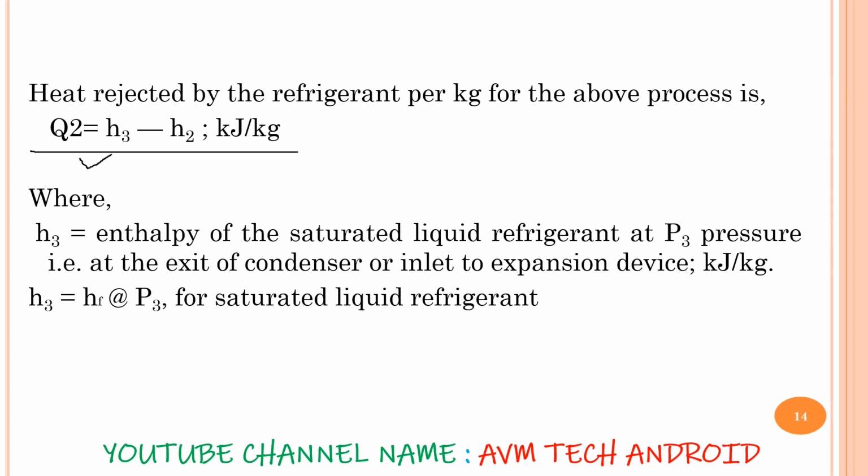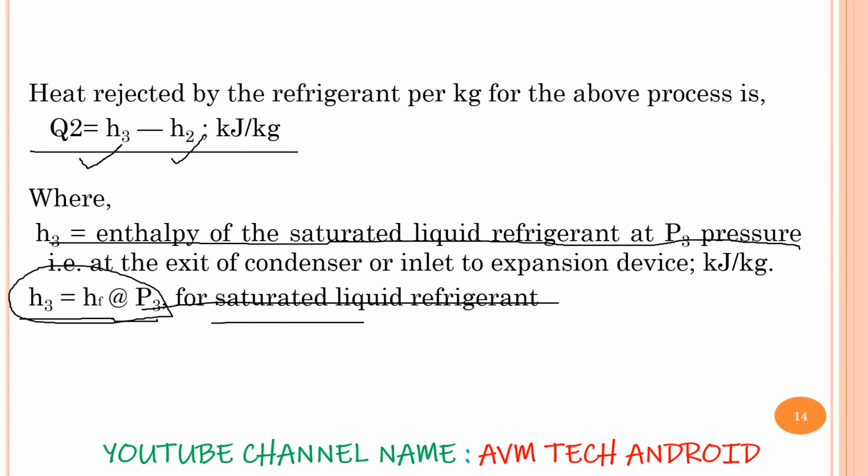H3 is the enthalpy of the refrigerant at outlet of the condenser, and H2 is the enthalpy of refrigerant at inlet of the condenser. So H3 is Hf at P3 pressure, the enthalpy of saturated liquid at P3 pressure at exit of the condenser, that is saturated liquid refrigerant at P3 pressure.